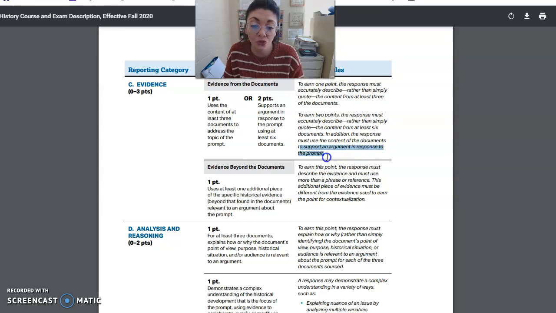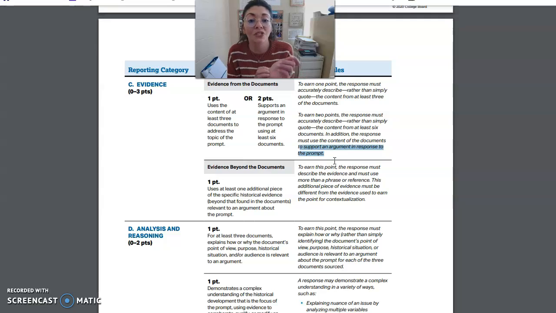So not just describing these documents, but describing them in a way that supports the claim of your thesis statement. Whenever I get into reviewing those documents with you, hopefully it will become more clear.